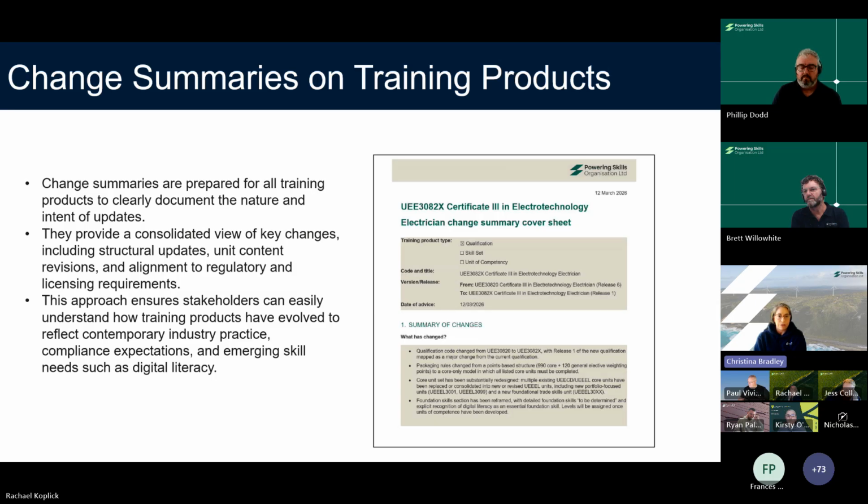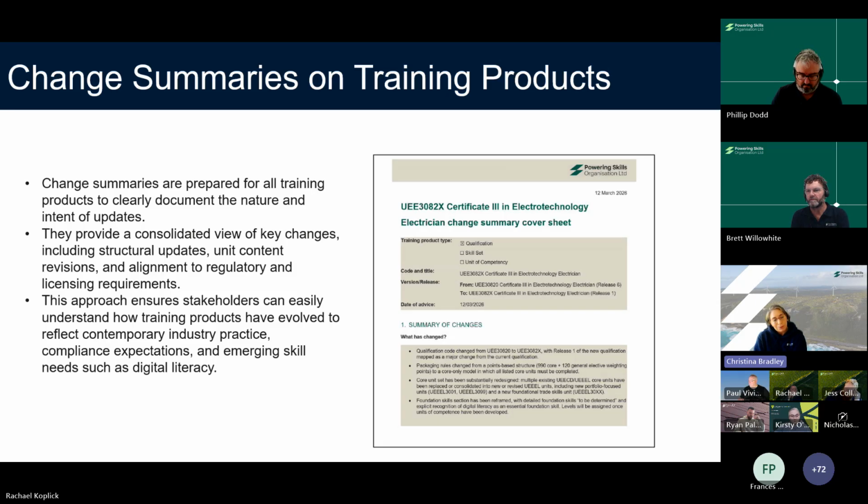It provides you with a really quick, high level overview of what has changed within that particular document. So from the old to the new, if it's a new unit, it will say that it's a new unit, and all of that kind of stuff. It is about providing you with the context behind why those changes were made, and the impacts that will have.